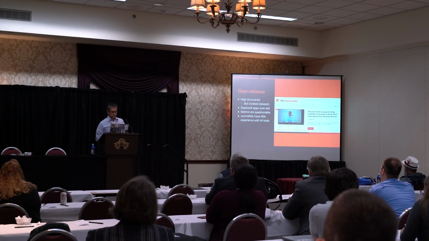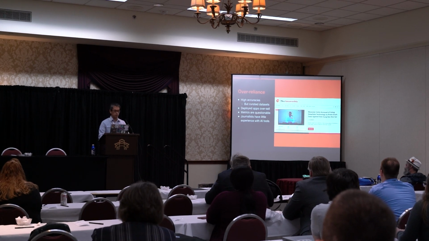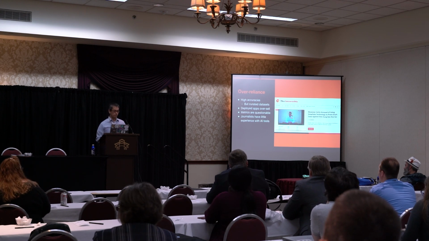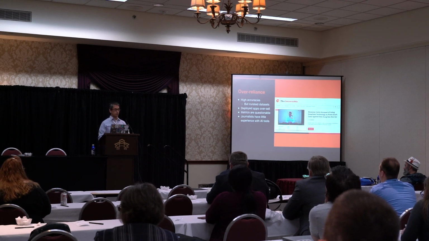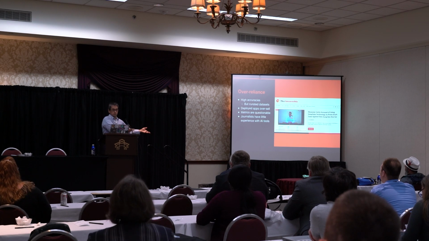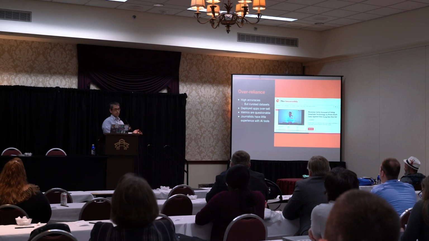So the metrics are questionable, and it turns out that most journalists have little experience with AI tools. And when they're trying to figure out, well, should I believe this thing or not, it's got a red box. It says 98%. Shouldn't I believe it? That's the default.